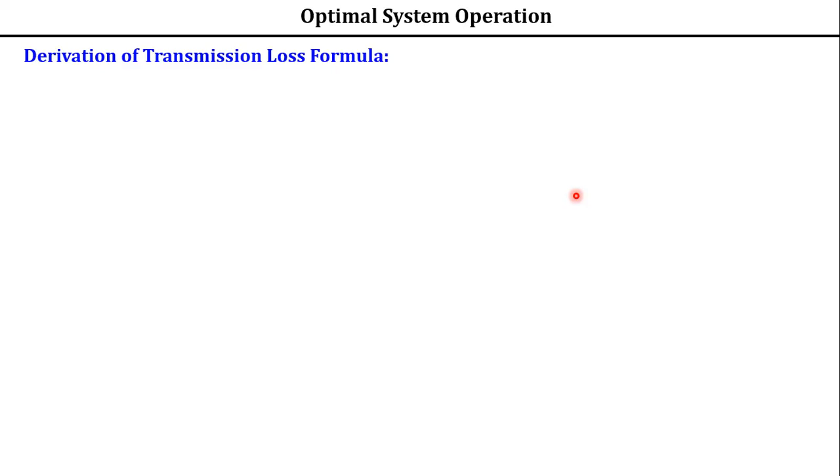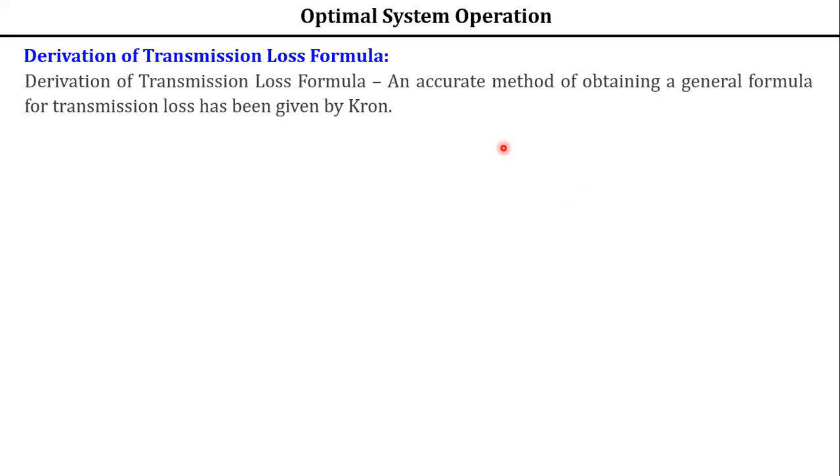I think time is running out. Today I may not be in a position to start. This transmission loss formula is an accurate method and a general formula for transmission loss, which has been given by a scientist called Kron, K-R-O-N.